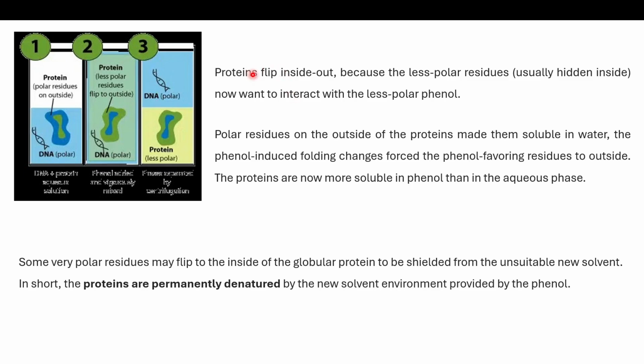So proteins flip inside out because the less polar residues are usually hidden inside, while the more polar, hydrophilic, water-loving moieties are towards the aqueous medium. That is the scenario in an aqueous medium.